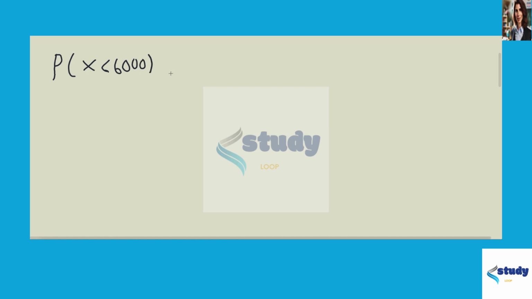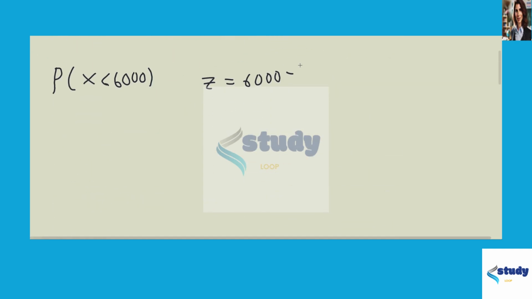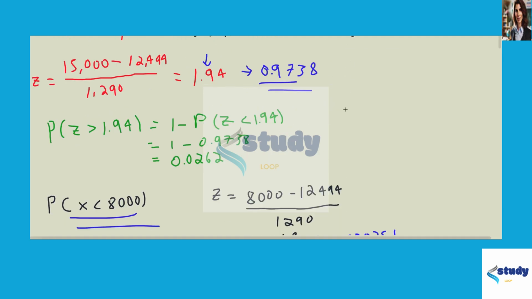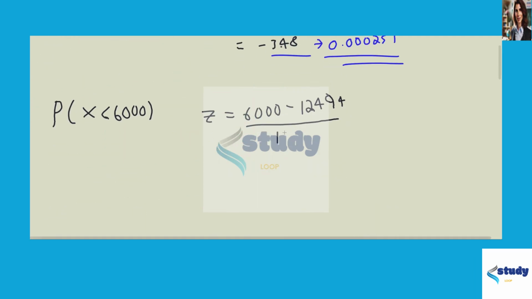And to do that, what we're going to need to do is find the z value. 6,000 minus 12,494 over 1,290.